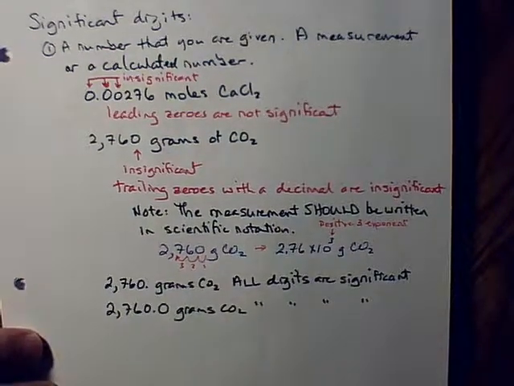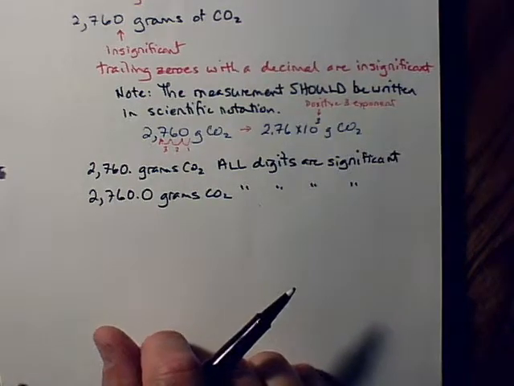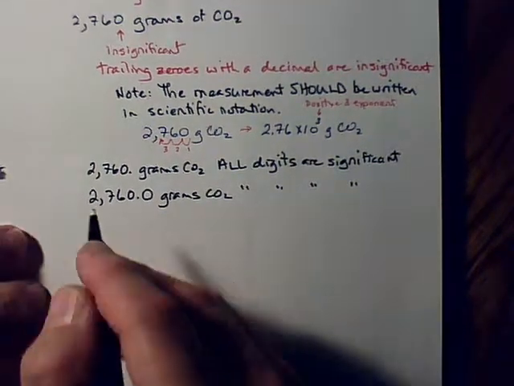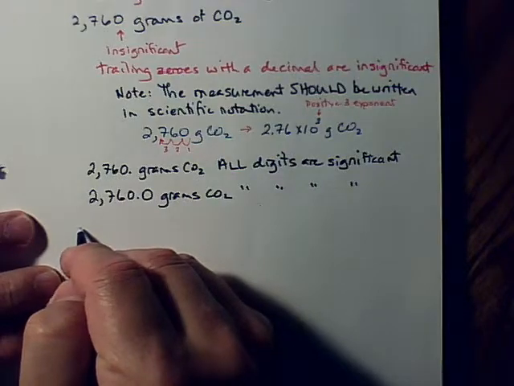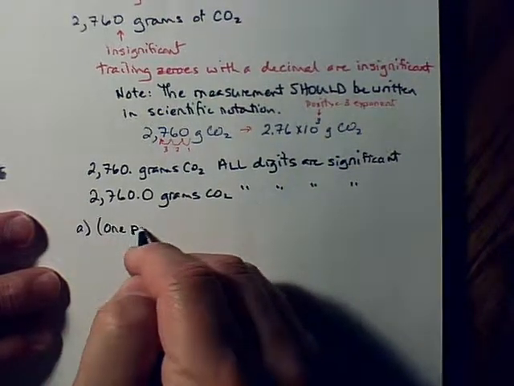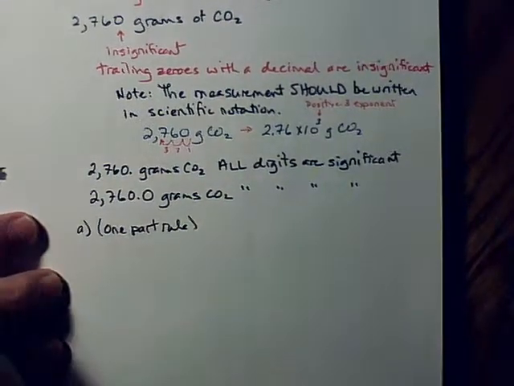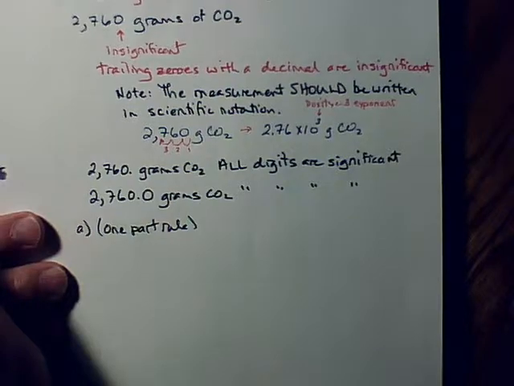Now, the actual rules that apply to significant digits in a measurement or calculated number that's given to you are, this is a 1-part rule. Okay, the 1-part rule says zeros between 2 significant digits are significant.